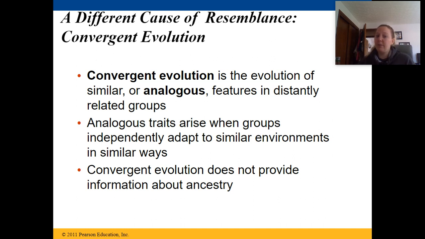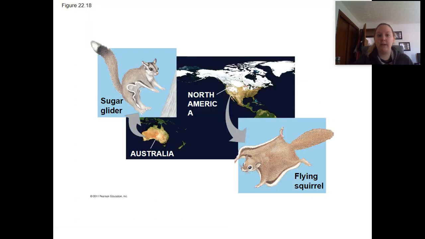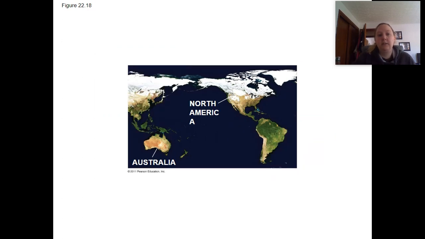Convergent evolution does not provide information about ancestry, but it does show adaptation for that specific environment. So another way of looking at it is the sugar glider, which is native to Australia, and the North American flying squirrel. They are similar species. They have adapted to similar environments, although they are not related at all.